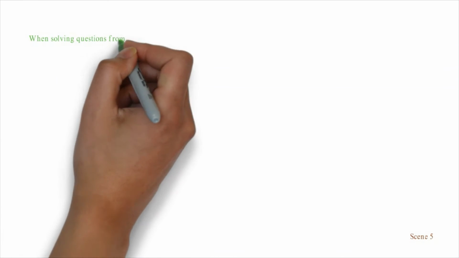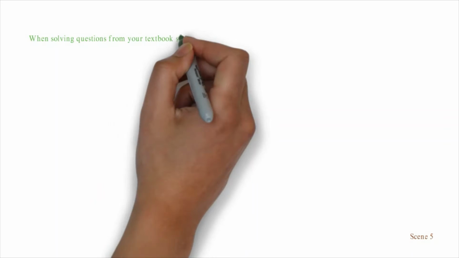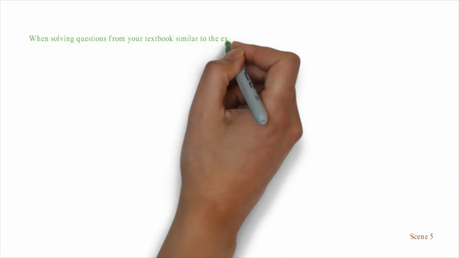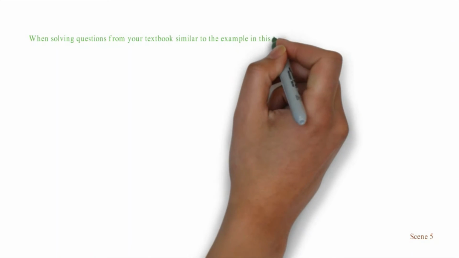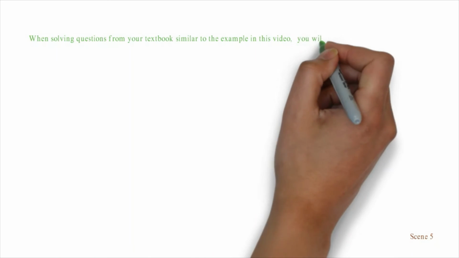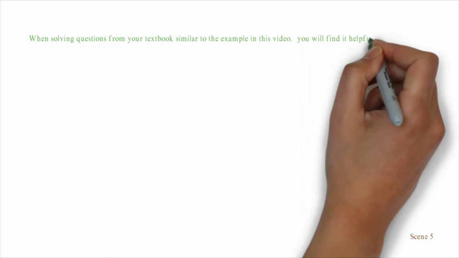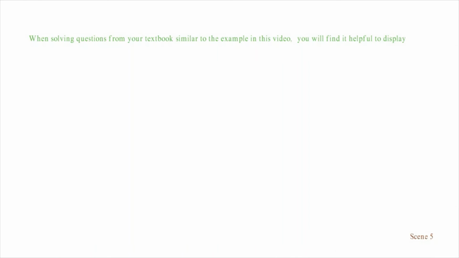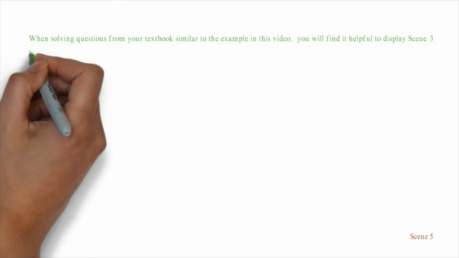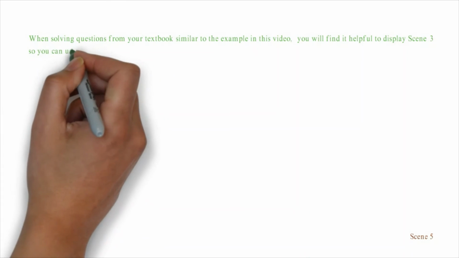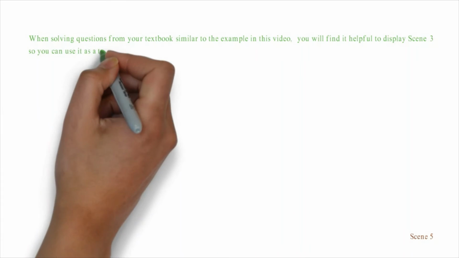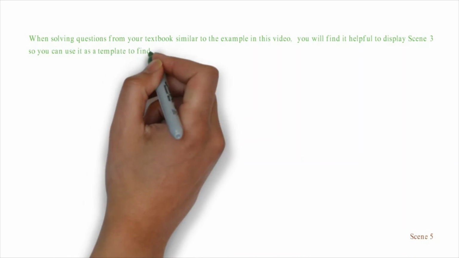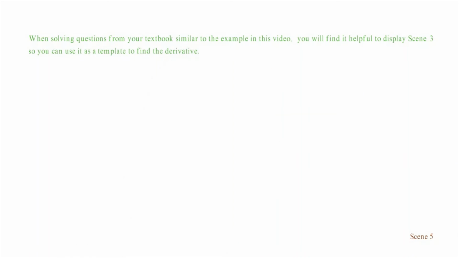When solving questions from your textbook similar to the example in this video, you will find it helpful to display scene 3 so you can use it as a template to find the derivative.